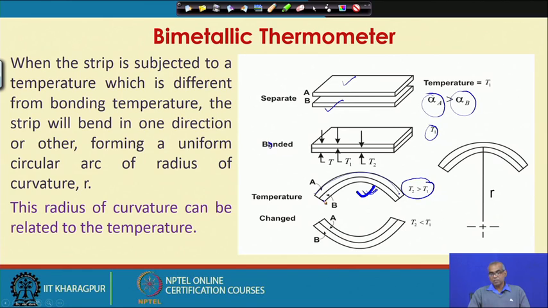If I take this bimetallic strip to a temperature which is lower than the bonding temperature, that means T2 is less than T1. Now, since the thermal expansion coefficient of A is more than B, A will contract more than B. So, it will bend like this.